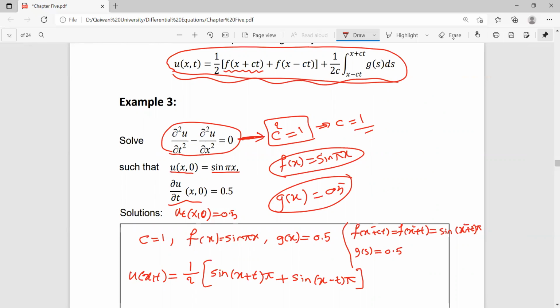And then we have plus 1 over 2c. C is 1, so still 2. Integration.